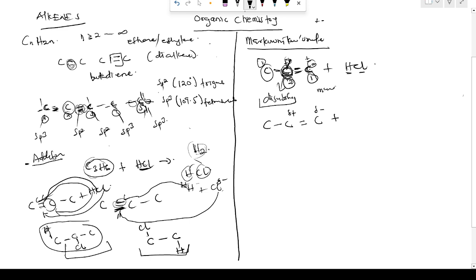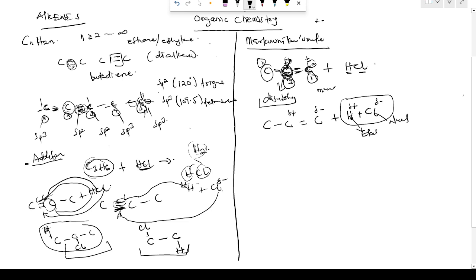Now, hydrogen and chlorine, which one is more electronegative? Definitely it's chlorine. So chlorine is more electronegative, and hydrogen is more electropositive. So this hydrogen becomes our electrophile because it has a positive, and this chlorine becomes our nucleophile.